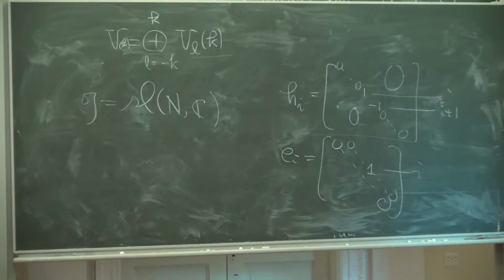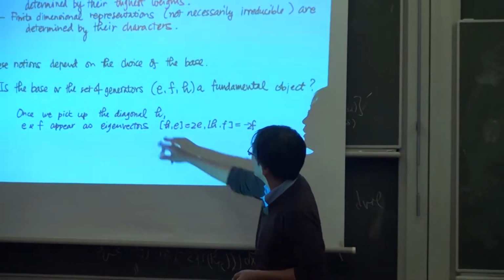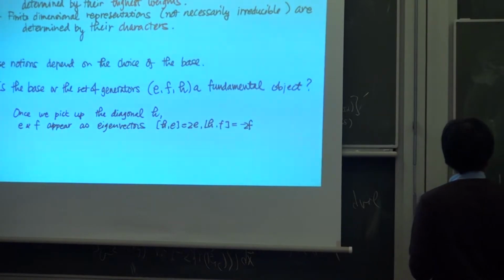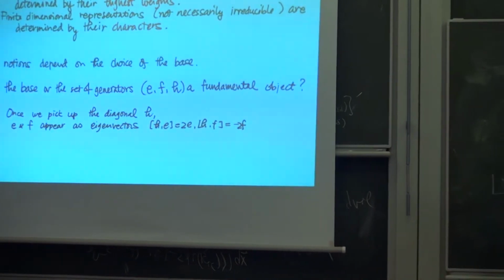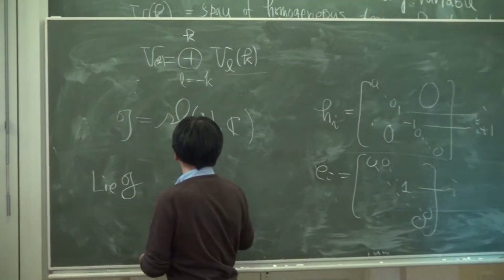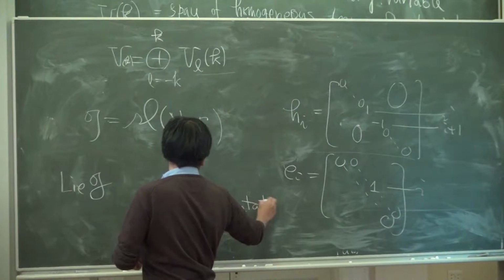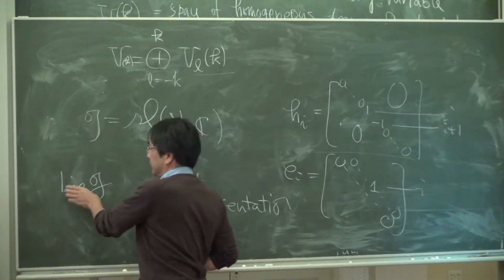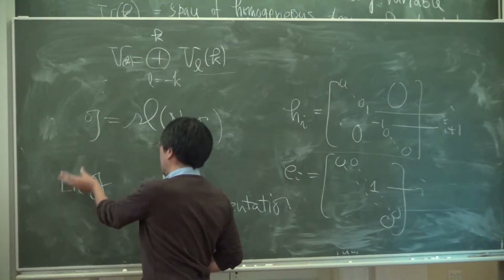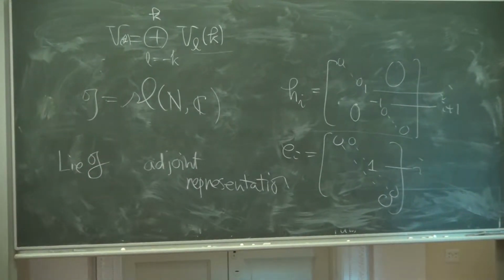And by the way, E and F are eigenvectors with respect to this Lie algebra. The Lie algebra acts on itself by the so-called adjoint representation, which just means you consider an element of the Lie algebra as a matrix acting on the Lie algebra itself by the Lie bracket.